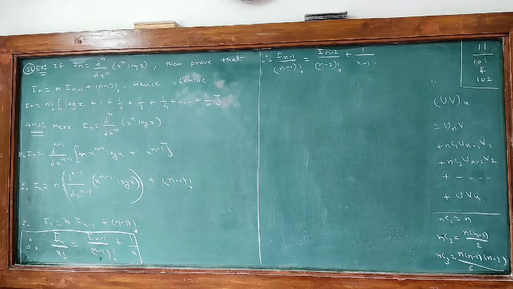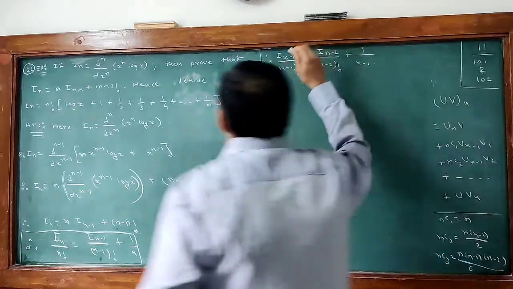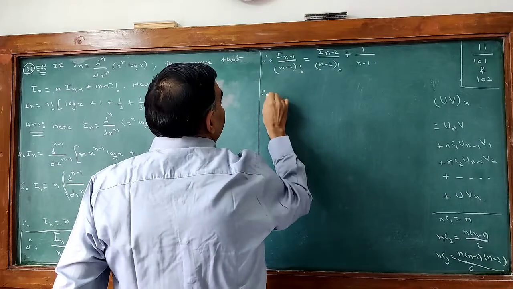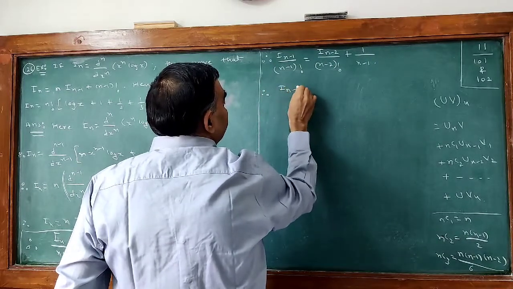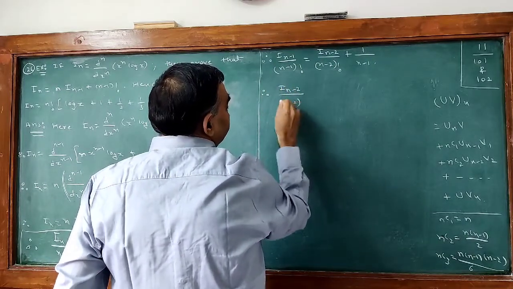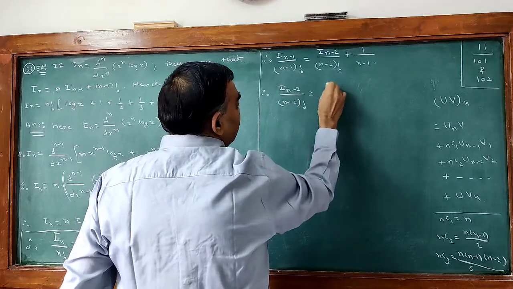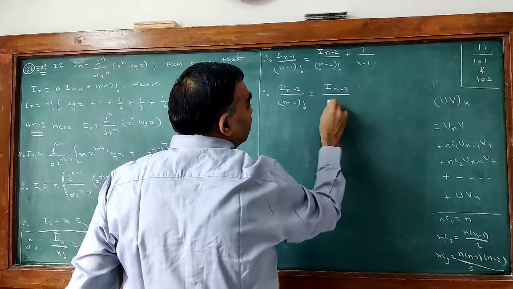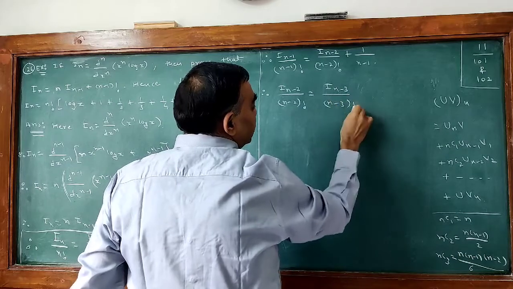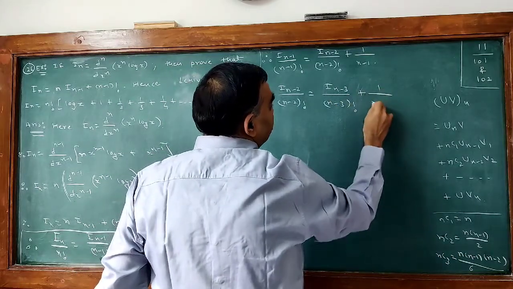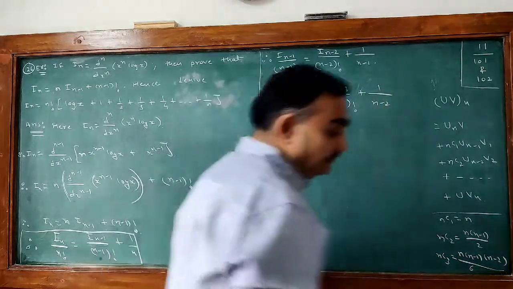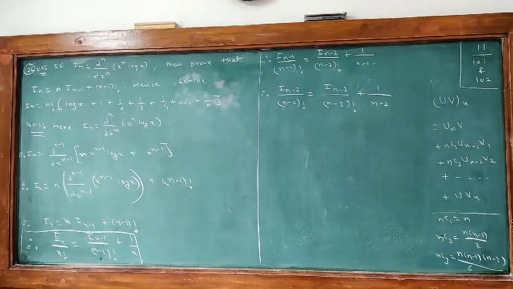Next, I_{n-2}/(n-2)! is equal to I_{n-3}/(n-3)! plus 1/(n-2). And we go further.